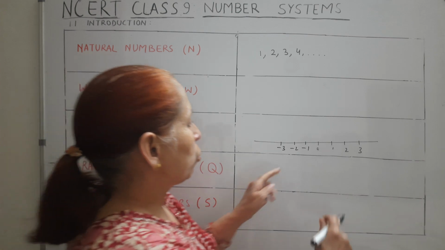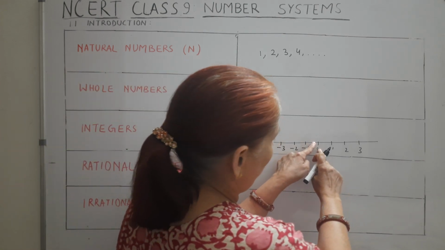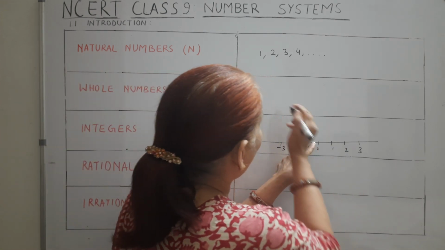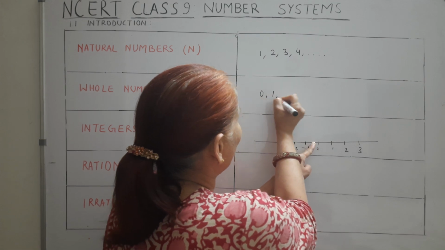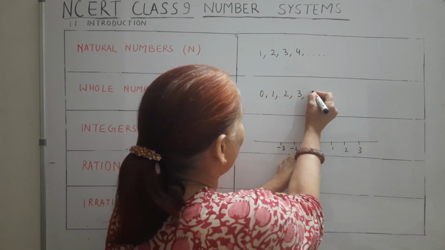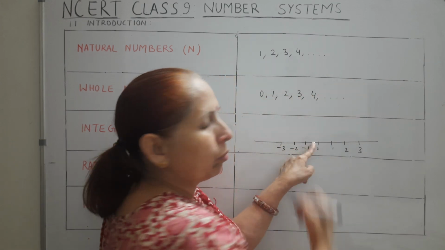Suppose we take 0 along with them. So now हमारे पास नंबर क्या है? 0, 1, 2, 3, 4 and so on.